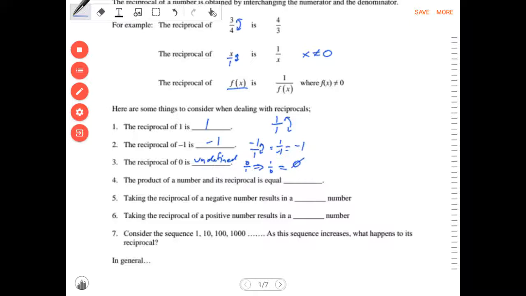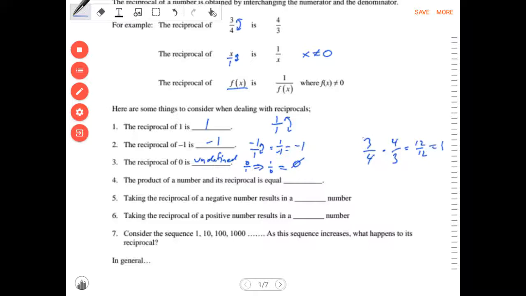Now, the product of a number and its reciprocal is equal to what? You might have learned this in previous math courses, but let's try it. Up here, 3/4 had the reciprocal 4/3. If we multiply those two together, top times tops, bottoms times bottoms, we get 12 divided by 12, which equals 1.